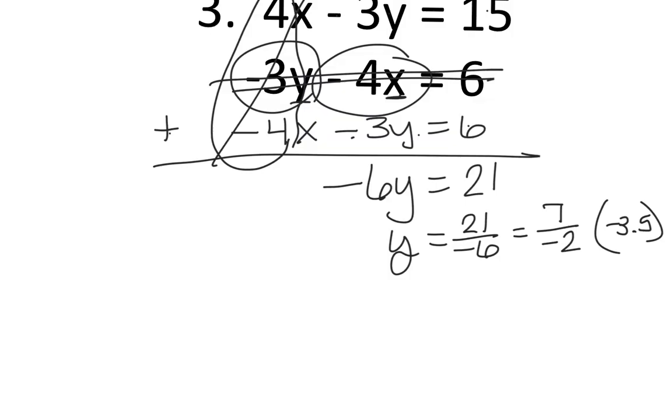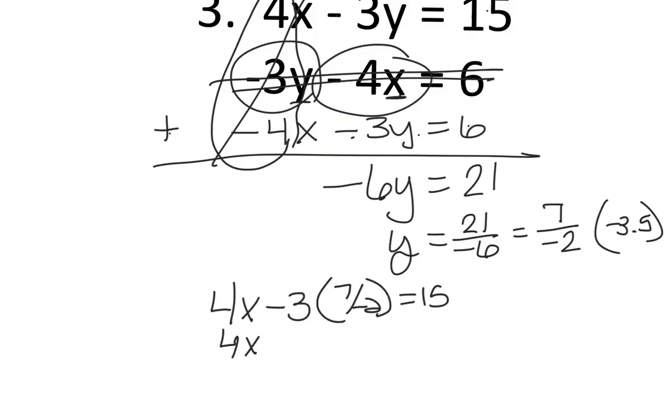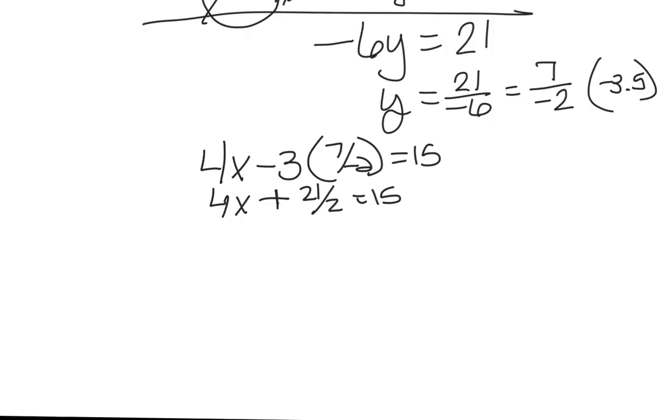So I'm going to plug it in the first one, 4x minus 3 times y of 7 over negative 2 equals 15. 4x, negative times negative is positive, 21 over 2 equals 15. So I'm going to bring this over and subtract 21 over 2.